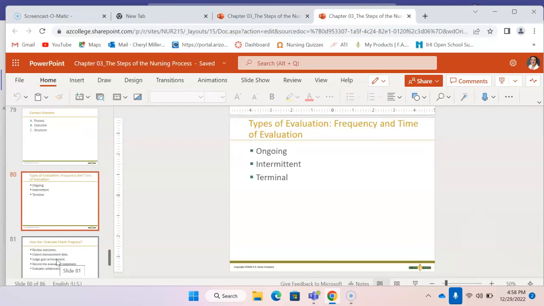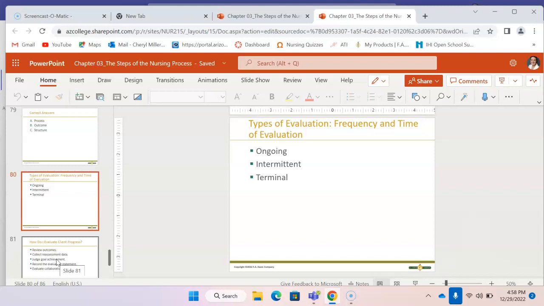All right. Ongoing evaluation. Ongoing means once a shift. I go in and make sure it's still okay. Intermittent means if something changed, I would want to drop another evaluation. Terminal means exactly what it sounds like. The end. Upon discharge, I need to go in and close all of my things.